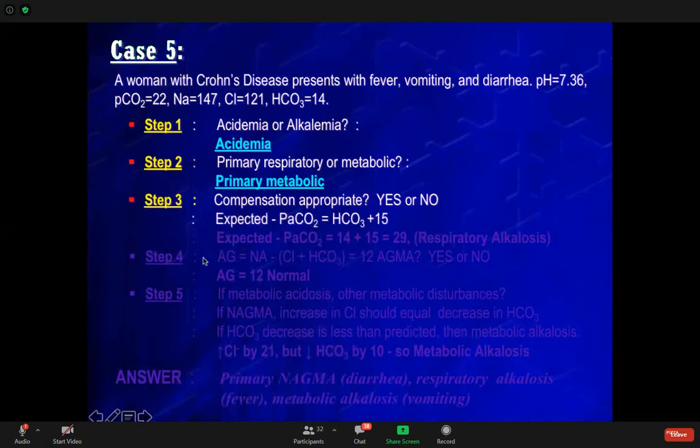So المعادلة هي so your expected CO2 level should be your measured bicarb level plus 15.